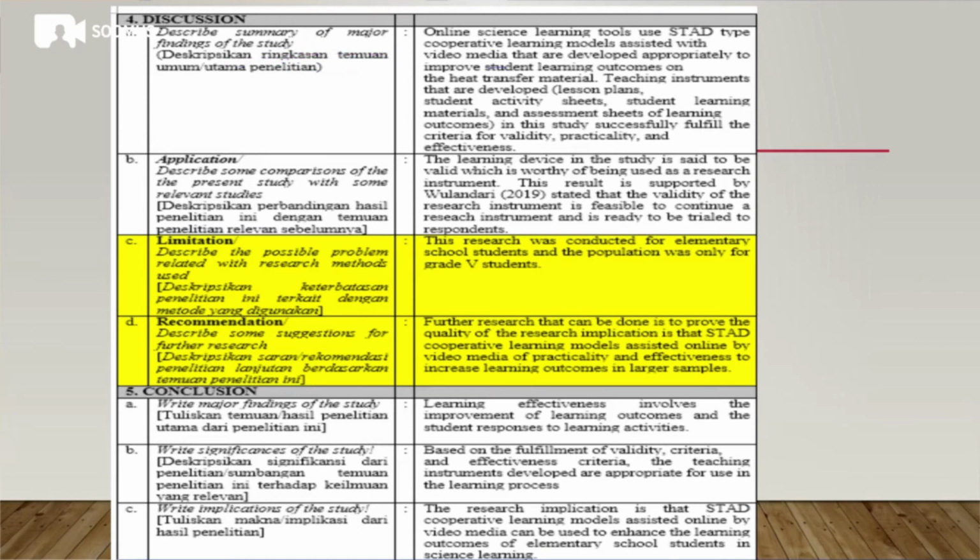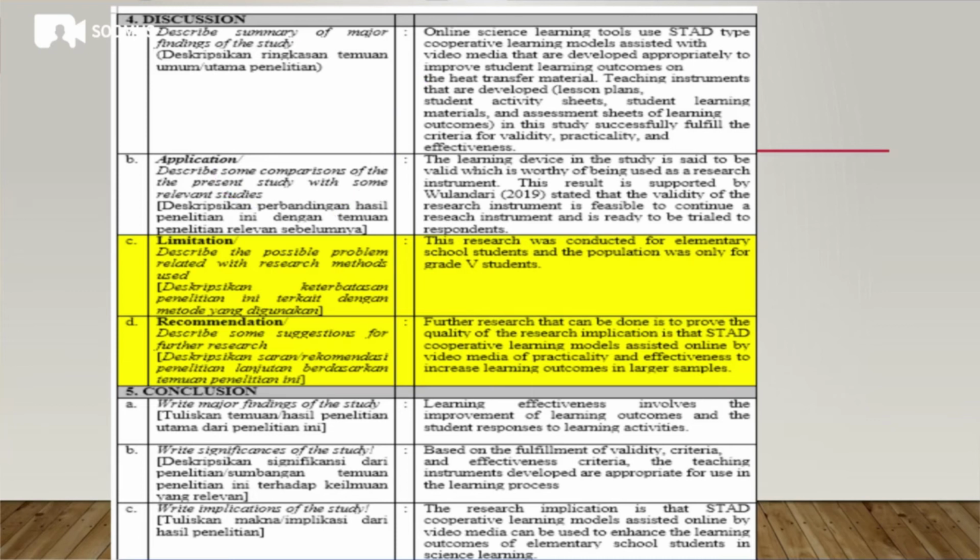So in this article, the summary was online science learning tools use type cooperative learning models assisted with video media that are developed appropriately to improve students' learning outcomes on the heat transfer materials. So these were the summary of the major findings.